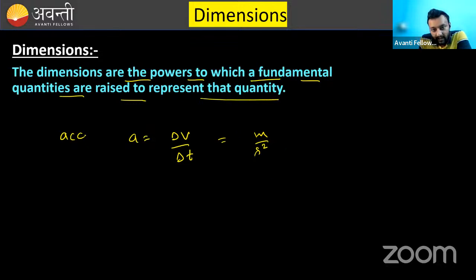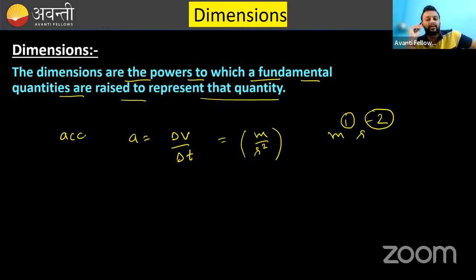That means if I talk about acceleration, it has the unit meter per second square. That means meter has a power 1 and second has a power minus 2. So these 1 and minus 2 are the dimensions of acceleration: 1 dimension in length, minus 2 dimension in second. So dimensions are the powers to which a fundamental quantity or fundamental unit is raised. I think the definition is clear.